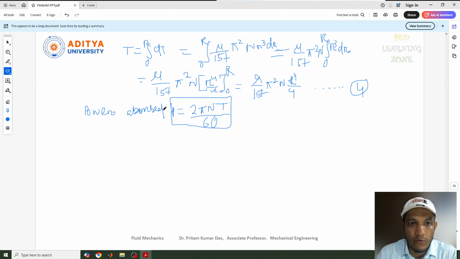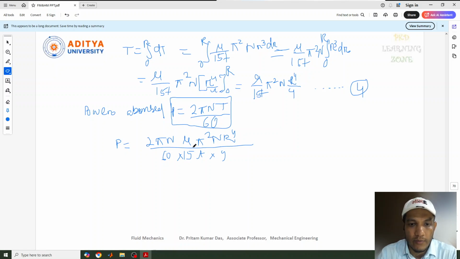Now just put this value of torque in this equation. You can write P equal to 2 pi n times the T value, mu pi square n r to the power 4 divided by 15 t into 4, again into 60. Okay, so this is all total.